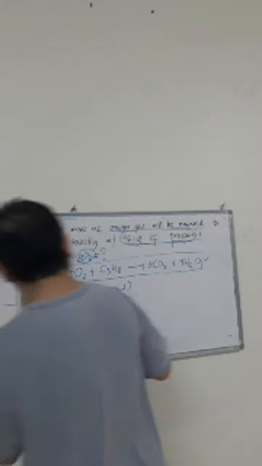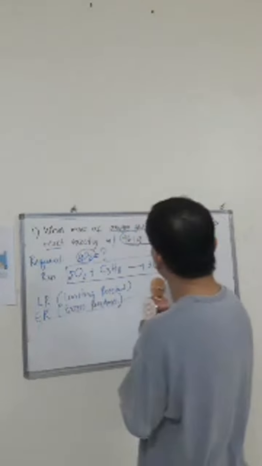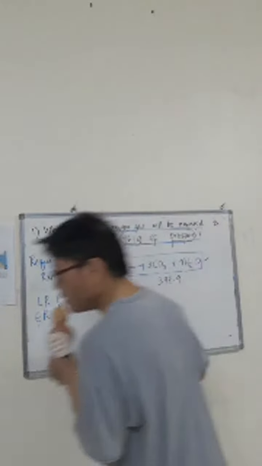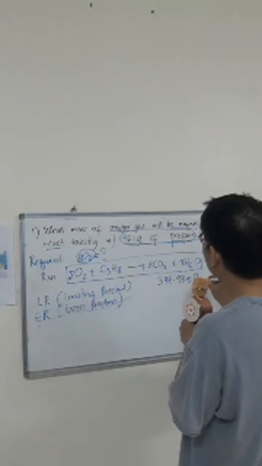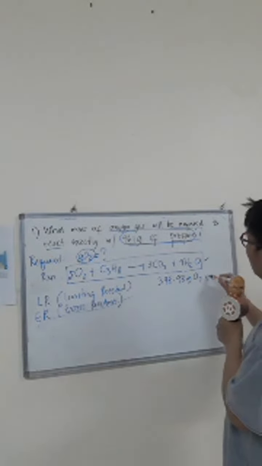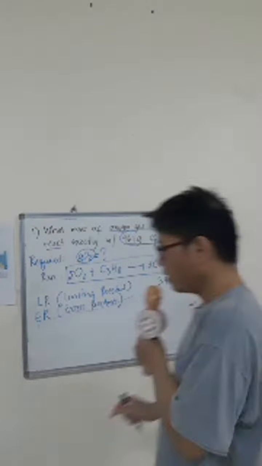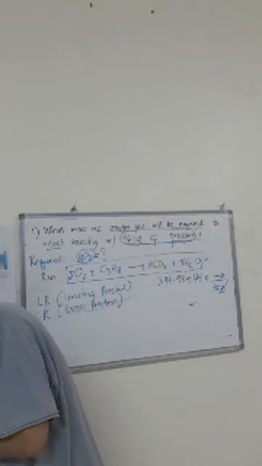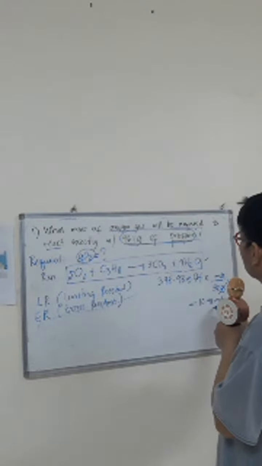So if you have 408.898 grams of oxygen gas, compute for the number of moles. The molar mass is 32 grams per mole, so the moles of oxygen gas will be divided by 32. This is going to be 10.91 moles of oxygen gas.